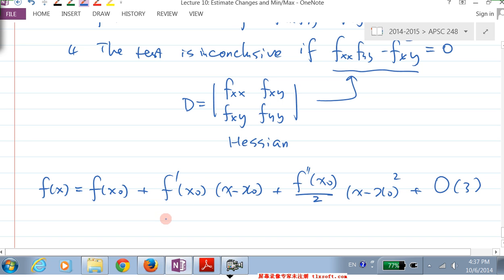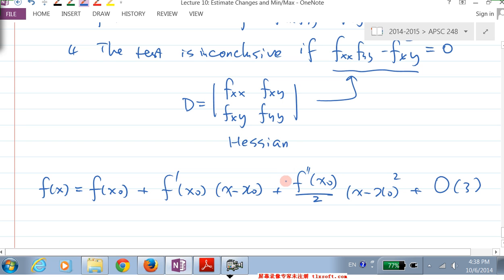Let the first derivative equal 0, solve that, and find the corresponding x naught location that gives you a first derivative of 0. Then you do the second derivative test. So for a single variable function, what if this is greater than 0? Would you have a min or max?